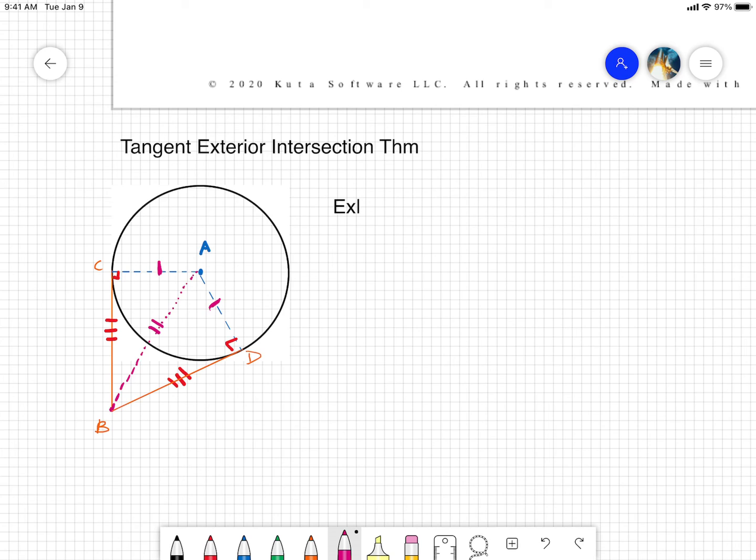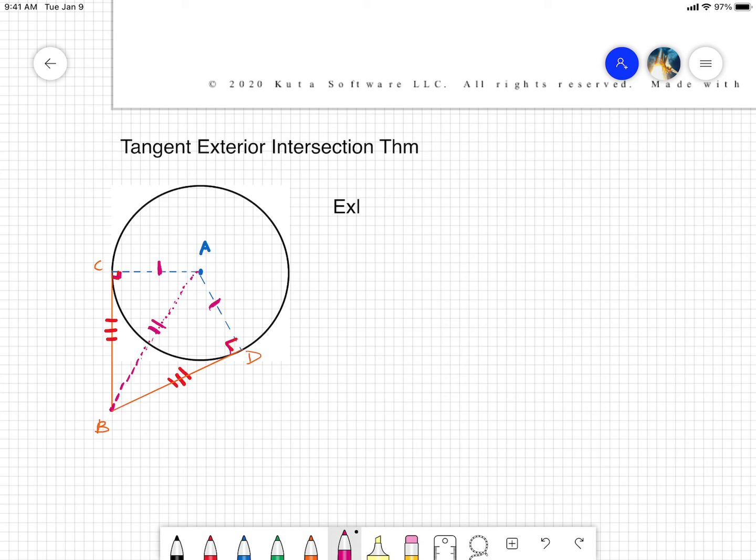And then if I just draw a line from the point of intersection to the center, I get that that line's congruent to itself as well. The other important thing about being tangent is not only does it intersect a radii at the point of tangency, but it's perpendicular to a radii at the point of tangency.